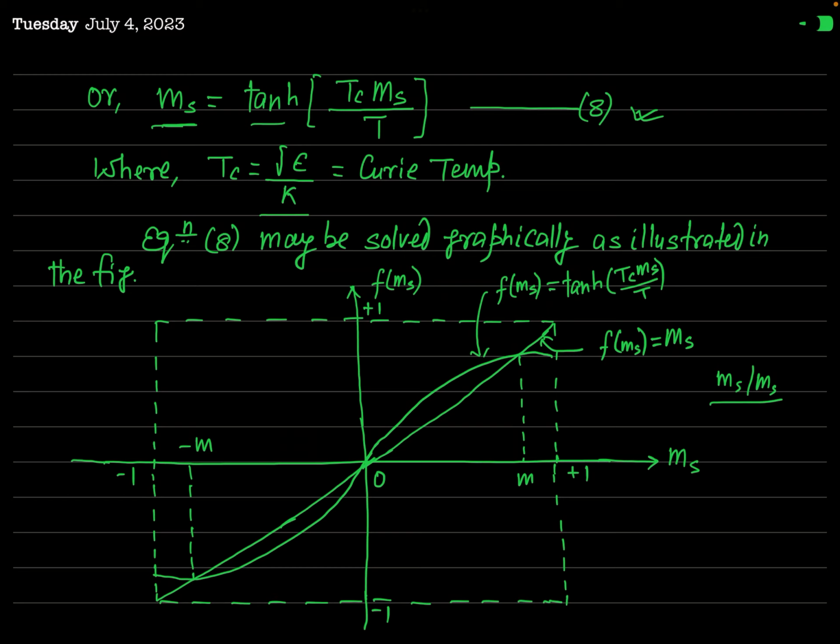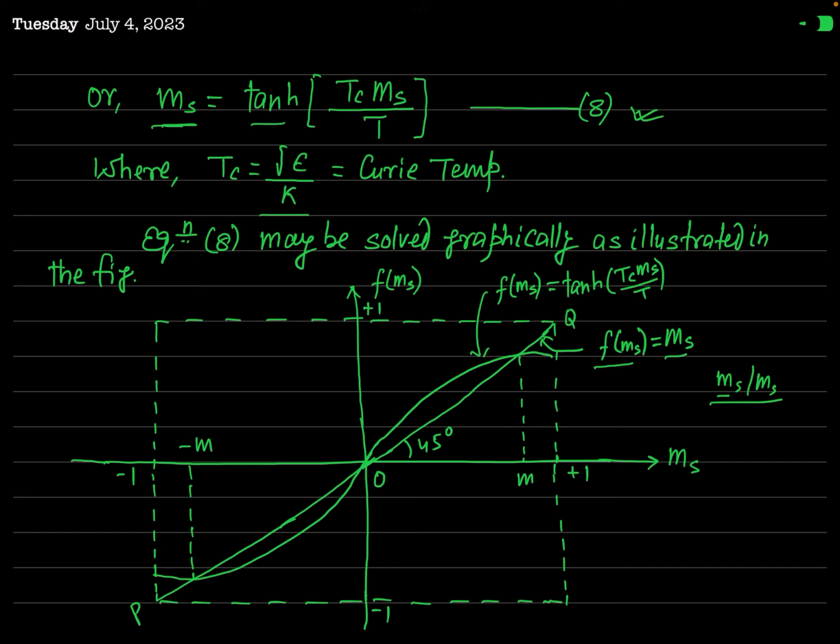That will be just a straight line passing through the origin, having slope 1, that is, this angle will be 45 degrees. In this figure you can see this straight line, which I am marking PQ. This straight line is the graphical plot of ms against ms. So this curve, which is a function of ms, is equal to ms.